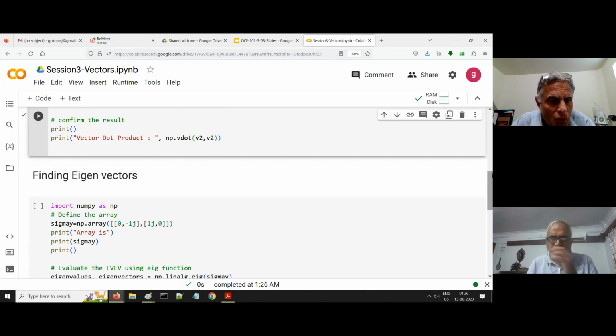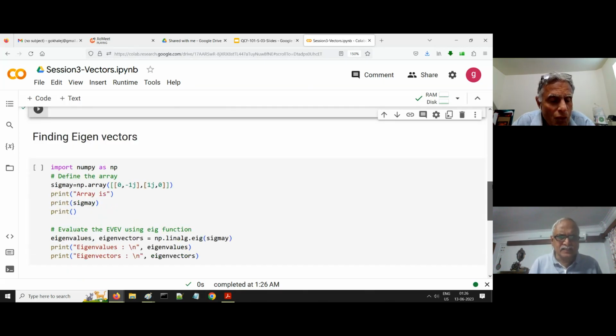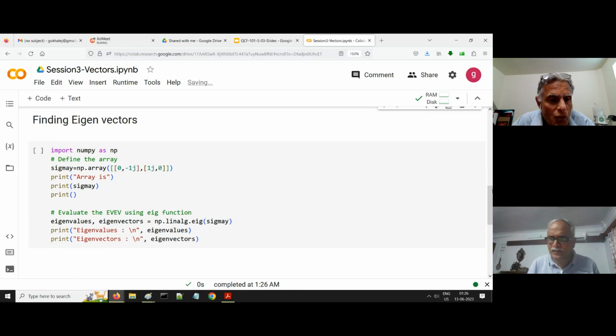And when we want to find the eigenvectors, we will take this small example of 0, -1, 1, 0. This is a very simple complex array. I display this array, and then to evaluate the eigenvectors, I use this eig function, which is also part of the linear algebra module.